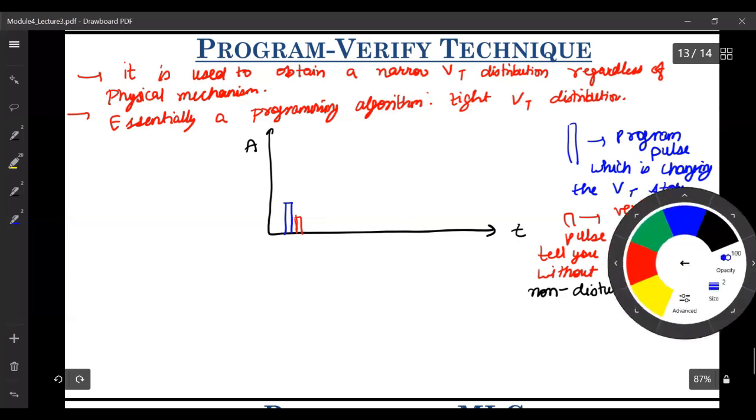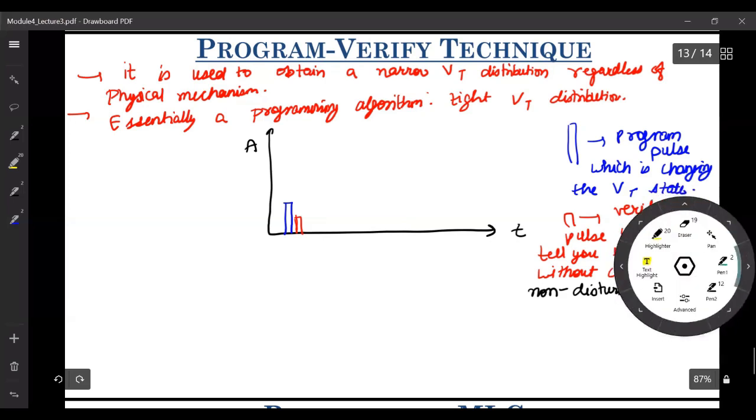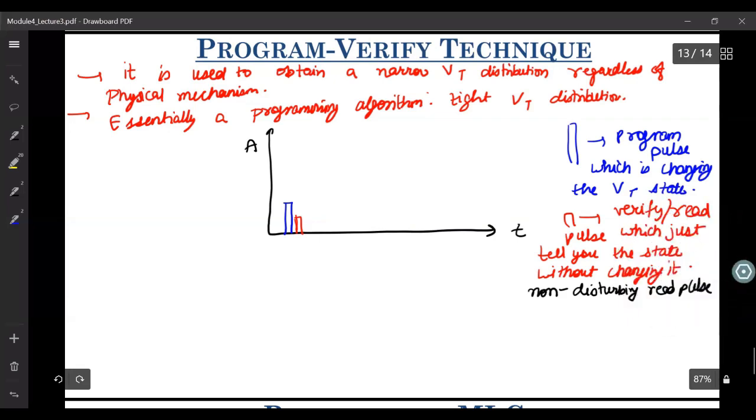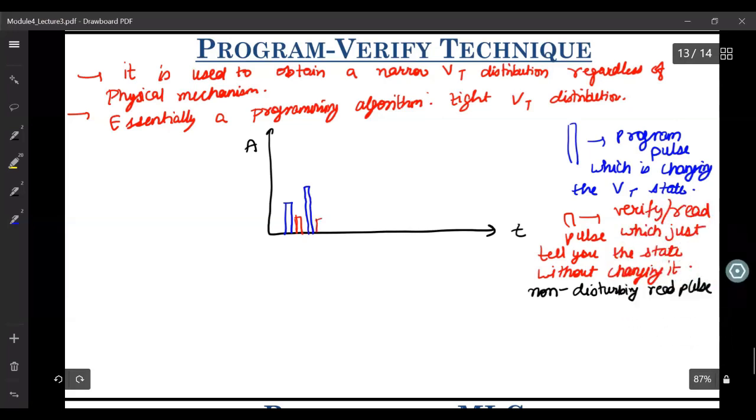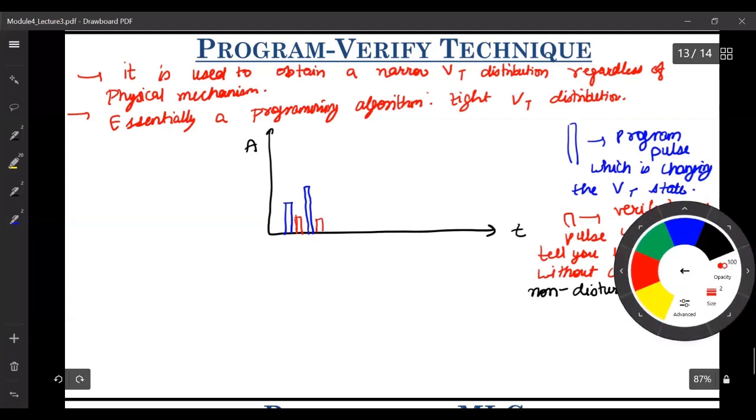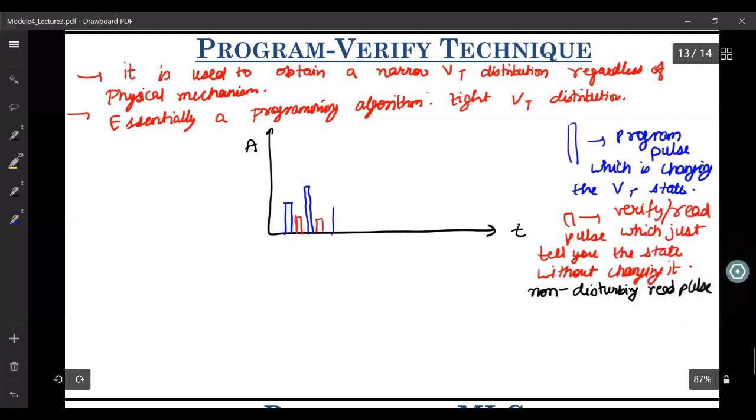So what is its benefit? If you are applying a series of programming and verify pulses, let's say you apply a program pulse, then you read it, then you again apply a program pulse, then you again read it.